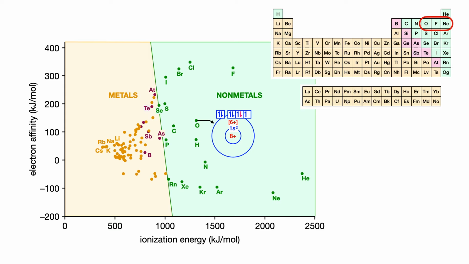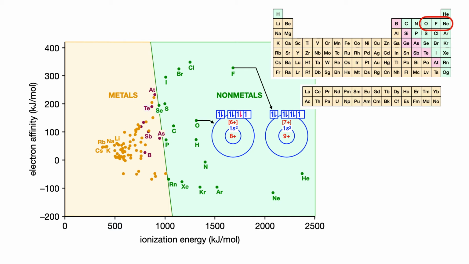Now, fluorine is over here in our graph. A fluorine atom has a nuclear charge of 9 plus. It also has a core of 2 electrons. So beyond the core, the effective nuclear charge felt by the valence shell is 7 plus.